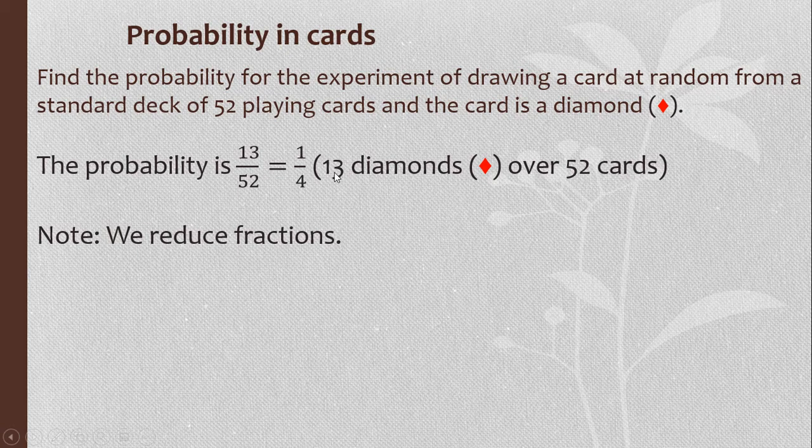We always reduce fractions when we're talking about probability. If we wanted to, we could change that to a decimal, 0.25, or a percentage, 25%. But in general, we'll just leave it as a fraction unless we're told otherwise.